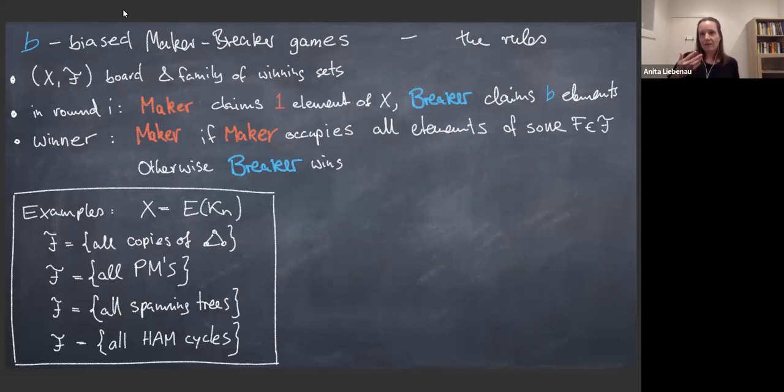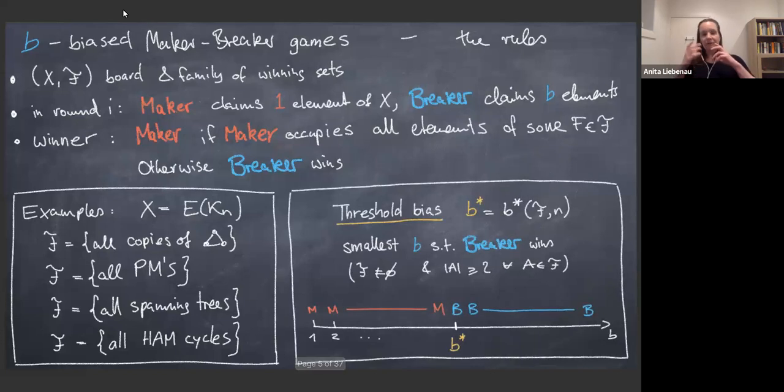So when maker tries to obtain a Hamilton cycle in Kn. Now, all of these games have something in common, namely that if breaker plays with bias 1, then maker has a really easy winning strategy.